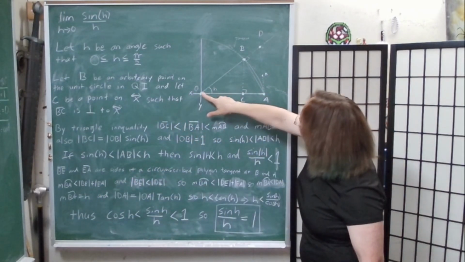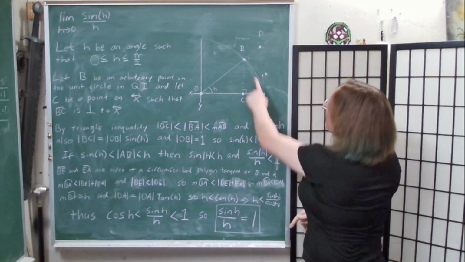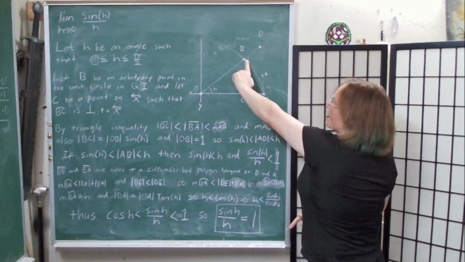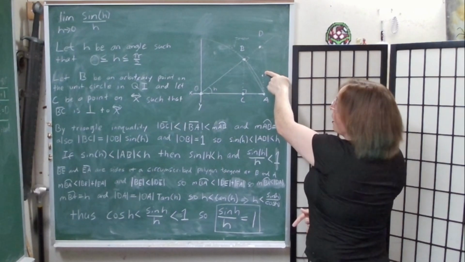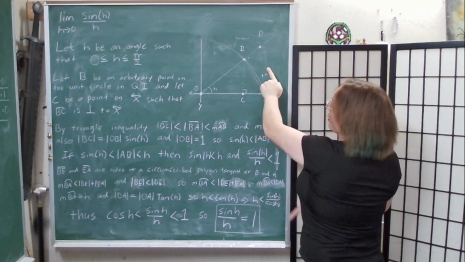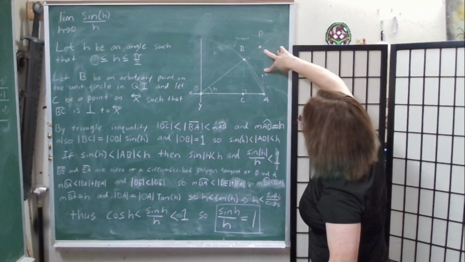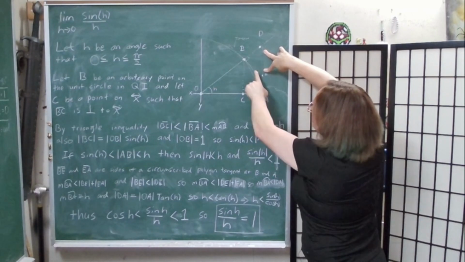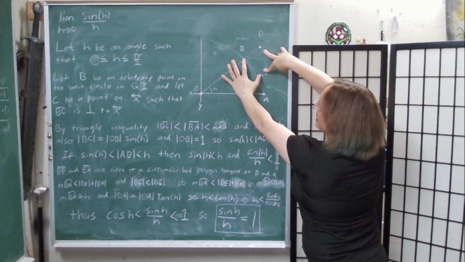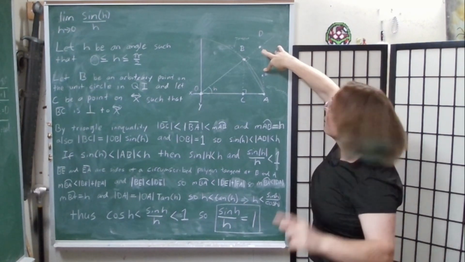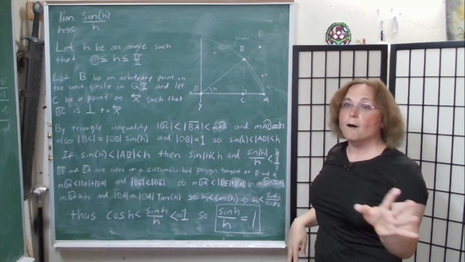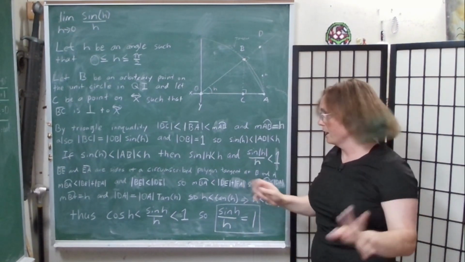However, because this triangle is here and it creates this right triangle because of this tangency, this is a hypotenuse of this little triangle. So we know that this hypotenuse here is the biggest side in this little triangle that BE is part of. So we know that this side, doesn't matter how big it is, we know it's bigger than this side. And that's all we care about because we're working with inequality, right?